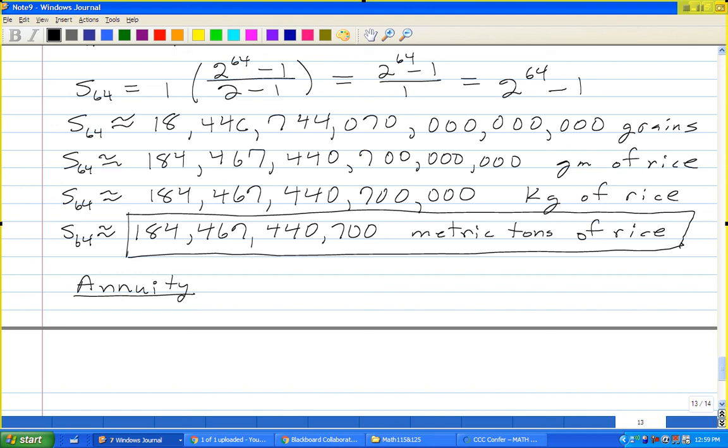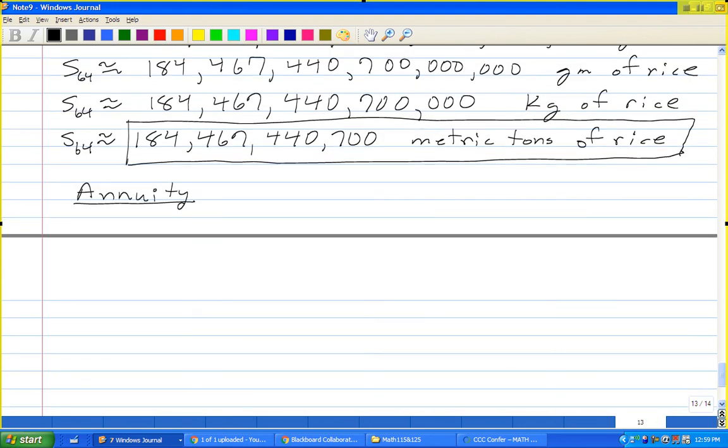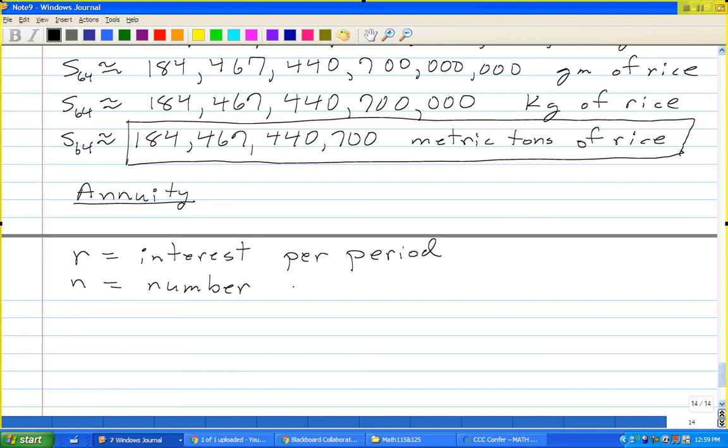And let's use this notation. Let R be the interest per period. So let's not do this per annum. Let's do this for some period of time. And let N be the number of periods. And let P be the principal, the amount.